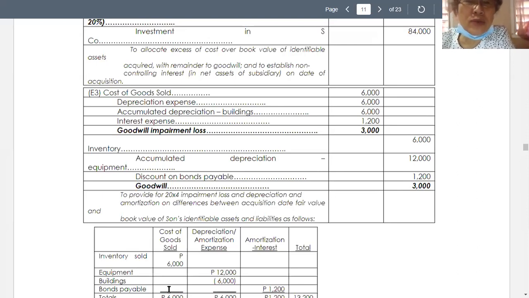Now, take note of the arrangement of the accounts. So, we credit inventory for 6,000. Credit accumulated depreciation for 12,000. Credit discount on bonds payable 1,200.